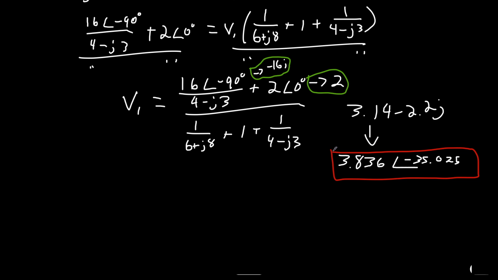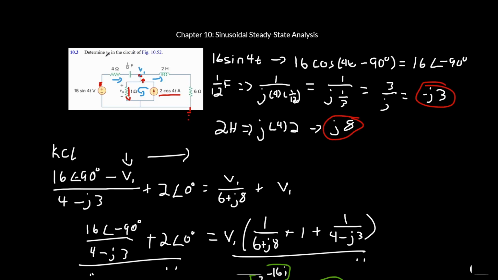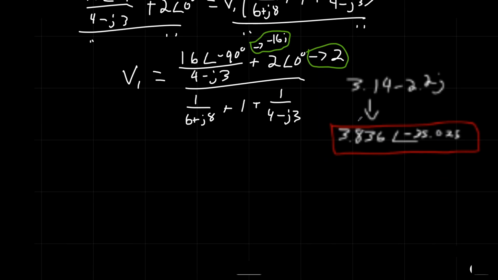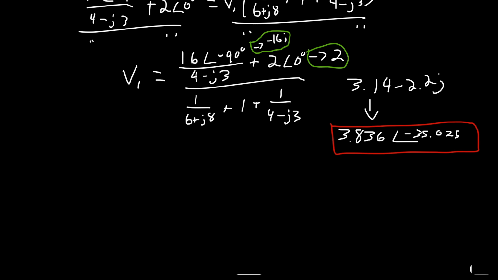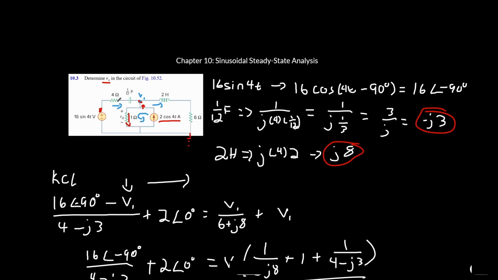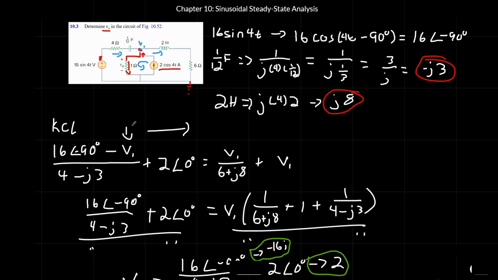And from here, again, the question is asking us for V naught, and we've solved for V1. However, if we look back at the circuit, we notice that V1 is actually equal to V naught. This wire goes directly across the resistor. So the voltage at V1 is exactly the same voltage at V0.